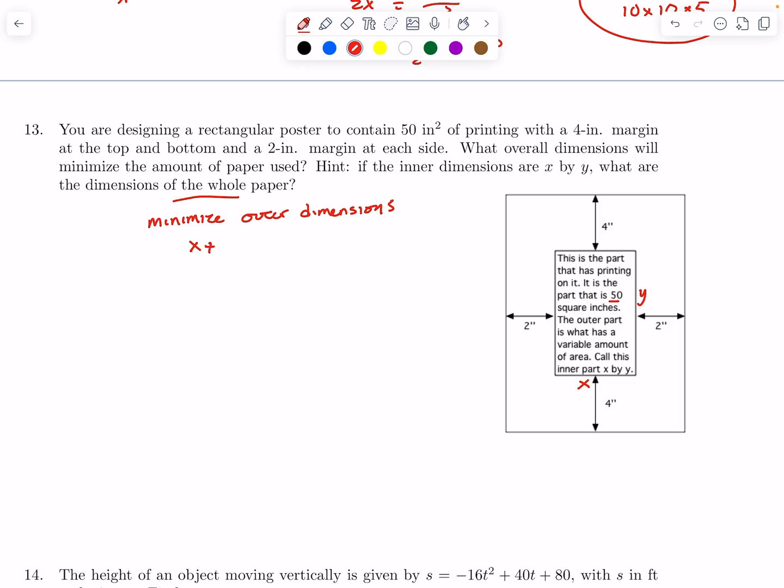let's see, it's x in the middle and then 2 and 2, so x plus 4 by y plus 2 4s, so, okay, fine.